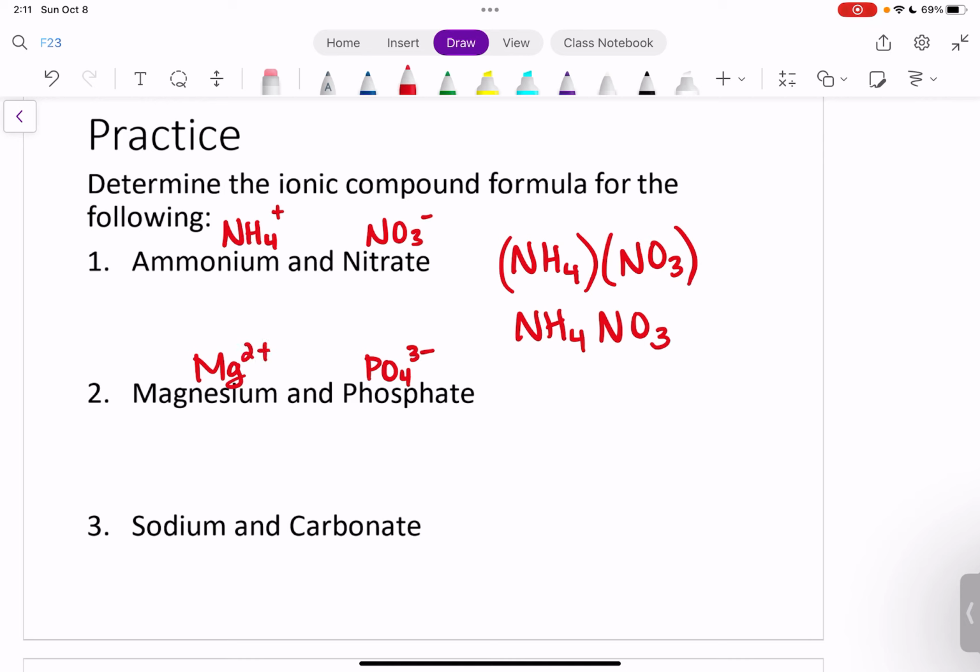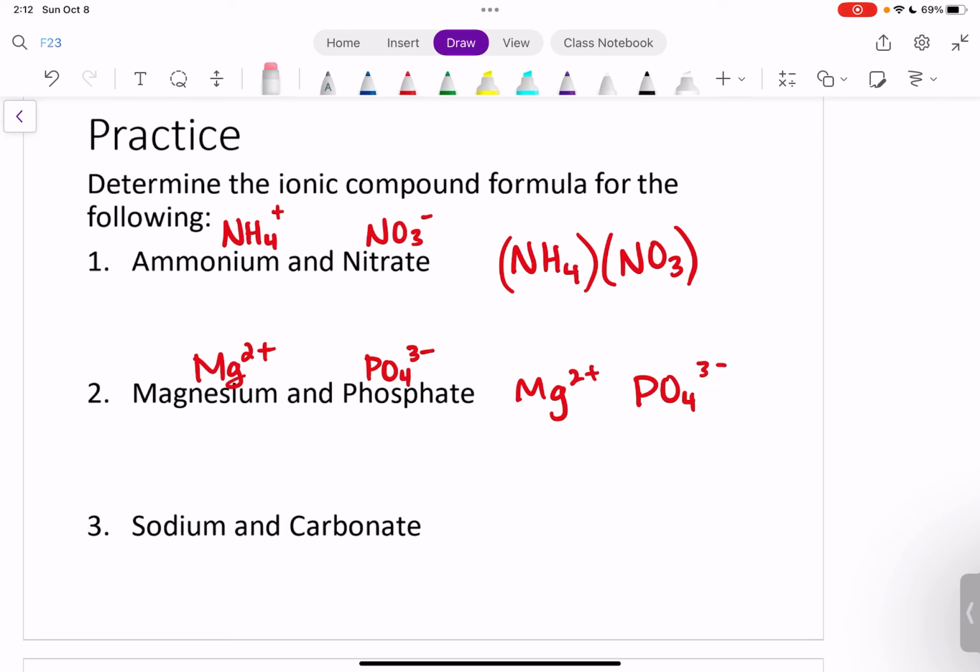All right, so we've got a magnesium and a phosphate. Right now, looking at these charges, is this going to be a 1-to-1 ratio? No, we're going to need more of something, maybe more of both. So we've got magnesium, 2 plus, and phosphate, PO4 minus.